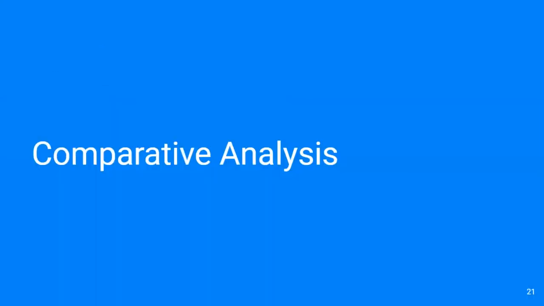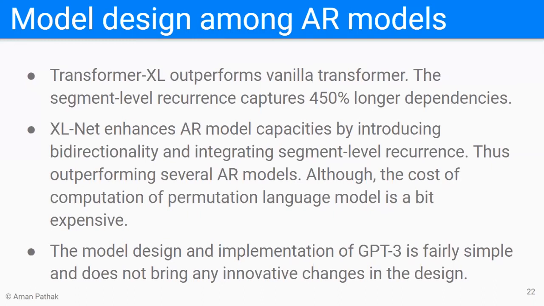We now move on to the comparative analysis. Our first analysis is based on the autoregression models' model design. Transformer-XL outperforms vanilla transformer, and it is because of the segment level recurrence. It is able to capture 450% longer dependencies in the sentences.